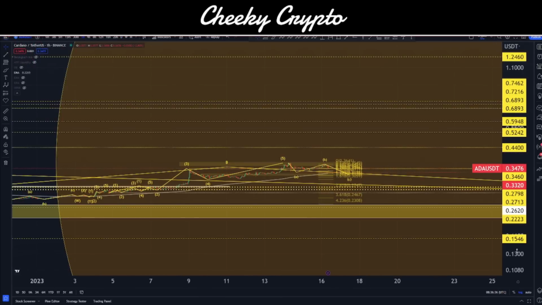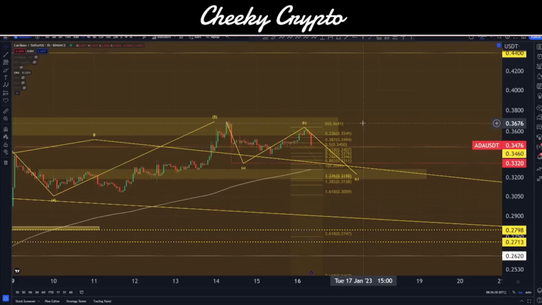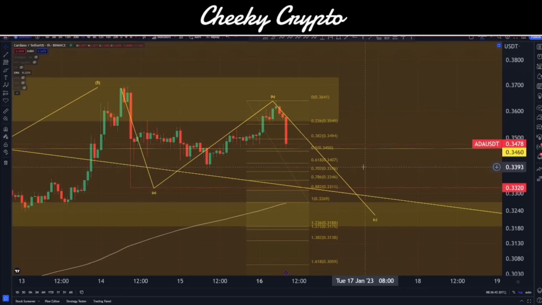At the moment, in my mind, I think it's more likely that we go down on this daily chart than we go up, in my personal opinion. That's what I'm thinking is going to occur here. It'll be interesting to see how that plays out. Like I said, we do have that possibility of getting that ending diagonal, moving on up a little bit higher.